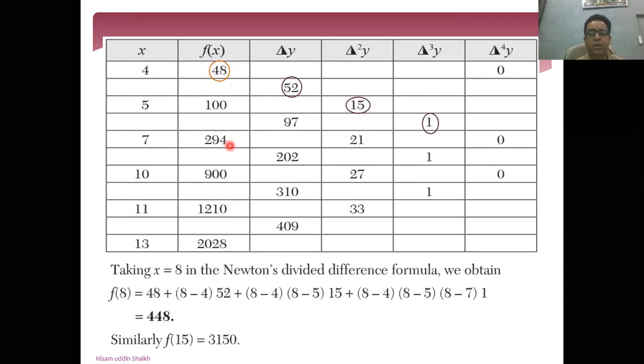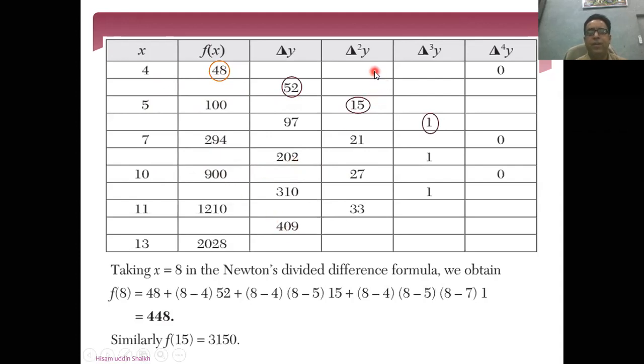Similarly, 294 minus 100 is 194, and divided by 2, that is 97. Similarly, find the differences of y values, find the differences of x values, and divide both. That will be the result.